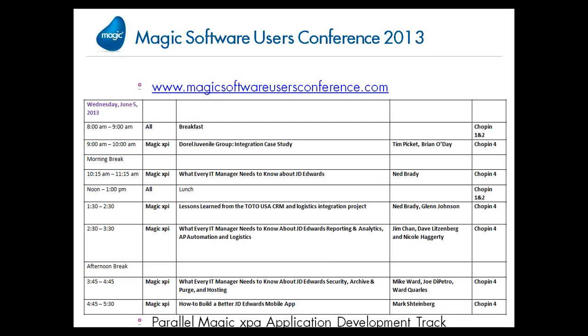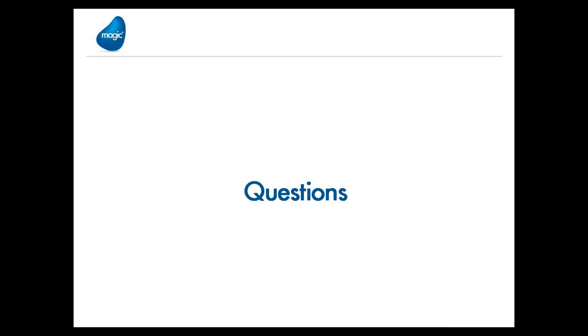And then on the final day, the Durrell Juvenile Group integration case study, what every IT manager needs to know about J.D. Edwards, lessons learned from Toto and logistics integration projects, what every IT manager needs to know about J.D. Edwards reporting and analytics, AP automation and logistics, what every IT manager needs to know about J.D. Edwards security, archive and purge, and hosting, and how to build a better J.D. Edwards mobile app. So these sessions, I think, are really ideally designed to take us beyond where we are here today in this short webinar, and hopefully allow you to get a hands-on glimpse of these solutions.